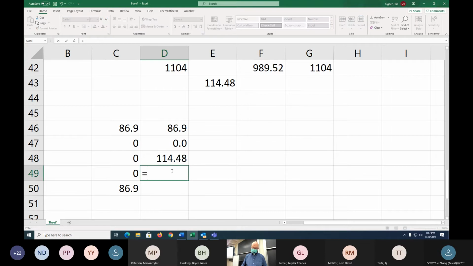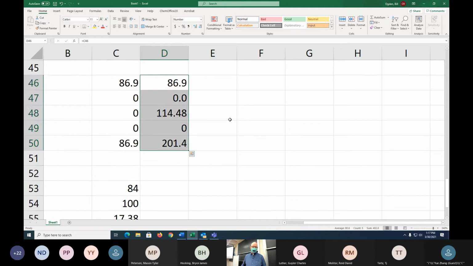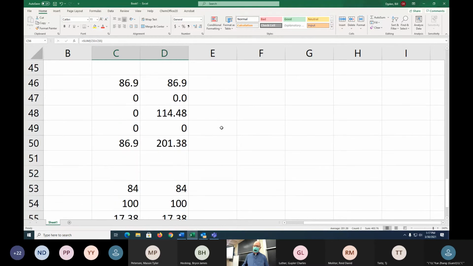Issuance of equity is 0. My total is now 201.4. And of course, that is actually 201.38, isn't it? And these are exactly the same. And so now I have a solution going.